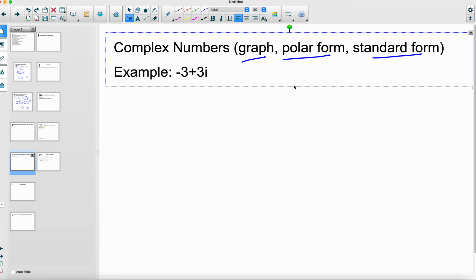And polar form is a very cool form. I'm going to write this on the side, you guys are so used to this. You see rectangular coordinate systems, and you've seen this so many times. And I think that's why when we get to pre-calculus, sometimes it's like, what just happened?